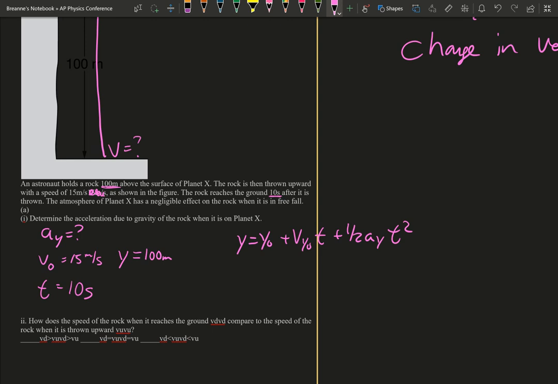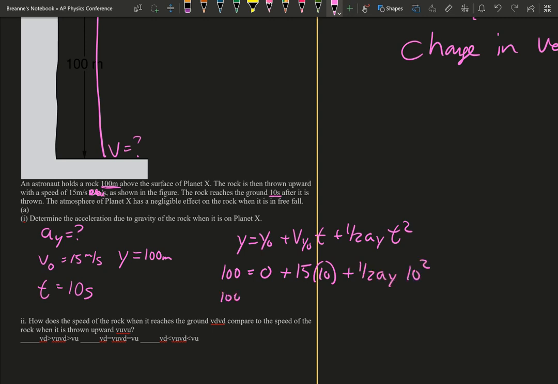Like I said, we just plug in what we got. So our y is 20, our initial will be 0, our initial velocity is 15, we have 10 seconds, and we're looking for our a, times 10 seconds squared.